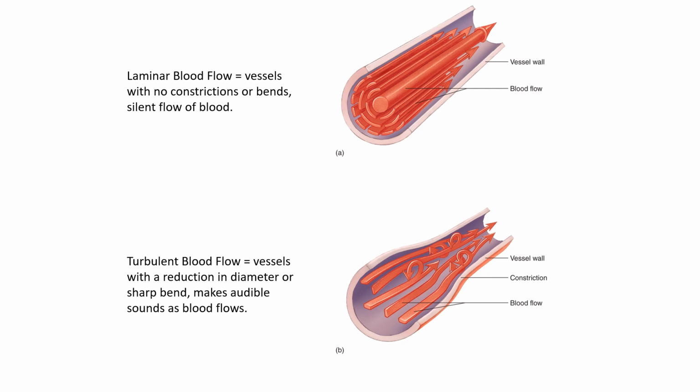So to take blood pressure with a sphygmomanometer, a blood pressure cuff, the first thing you've got to understand is turbulent versus laminar blood flow. Laminar blood flow is how blood usually flows in a nice, straight, open blood vessel with no sharp bends. As you see there, it flows in layers.